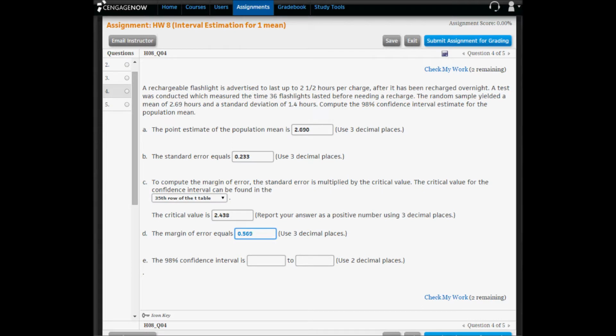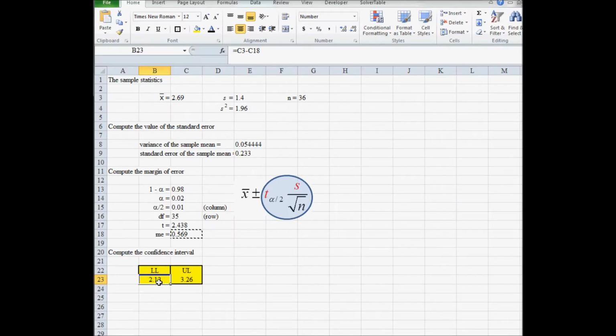And then the confidence interval has two numbers, the lower confidence level and the upper confidence level, and both have to be to 2 decimal places. We have those in the Excel spreadsheet as well. So the lower confidence level is 2.12, and the upper is 3.26.